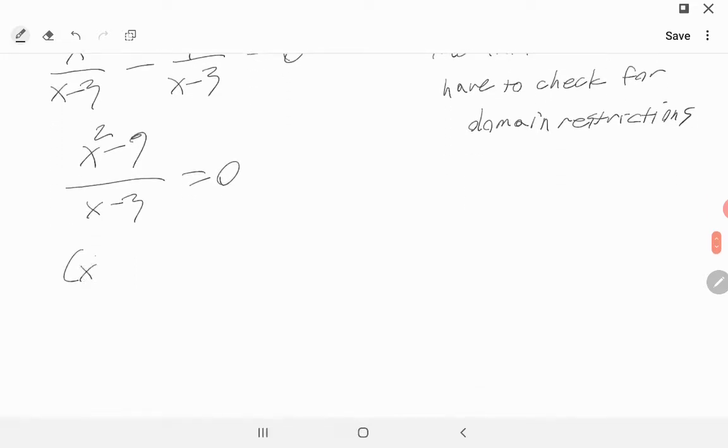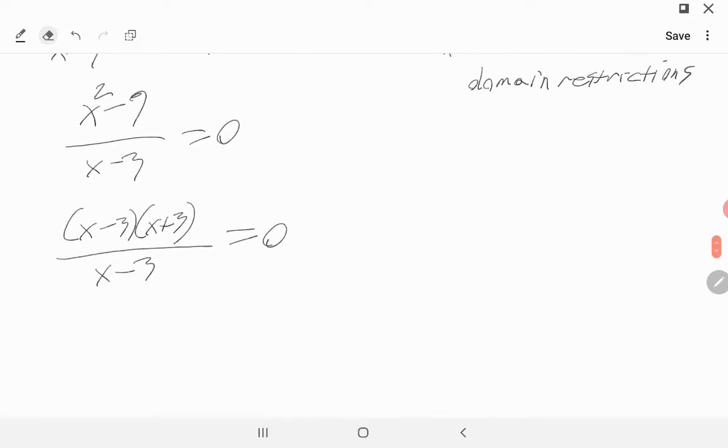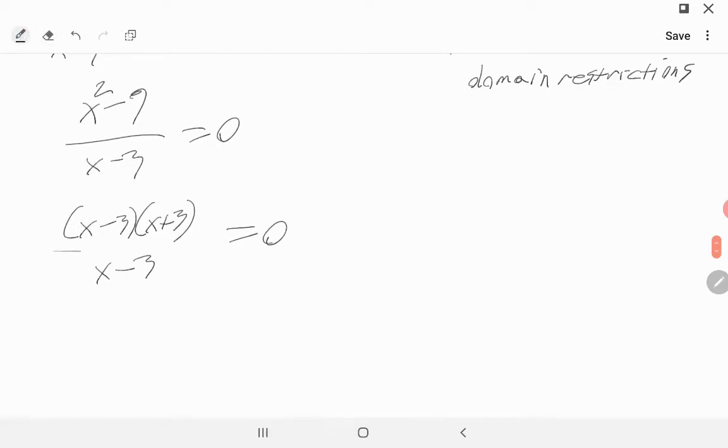The x squared minus 9 is x minus 3 times x plus 3, all divided by x minus 3. The x minus 3's divide out, and we just get x plus 3 equals 0, and so x has to be negative 3.